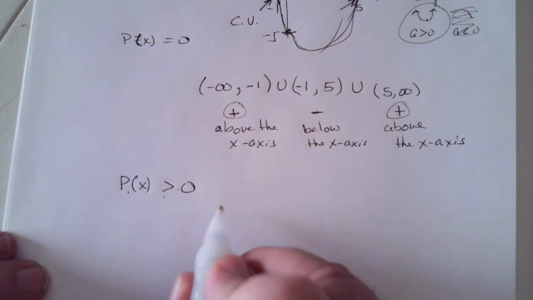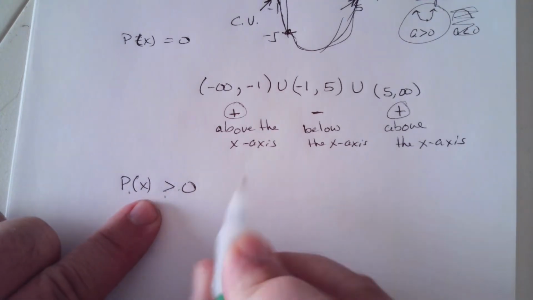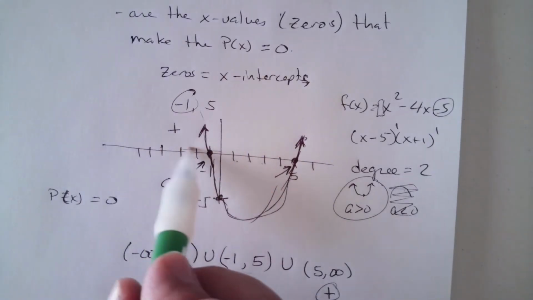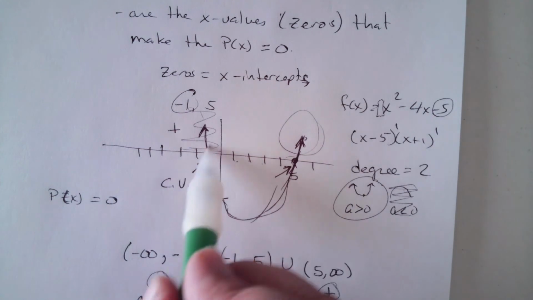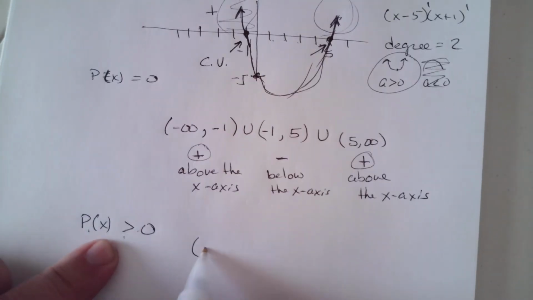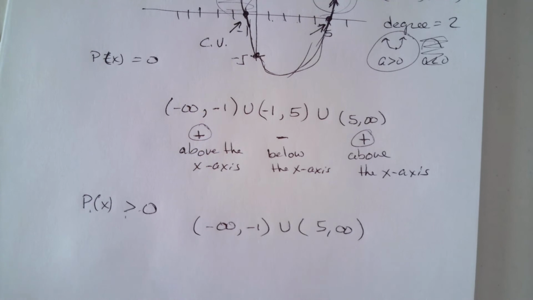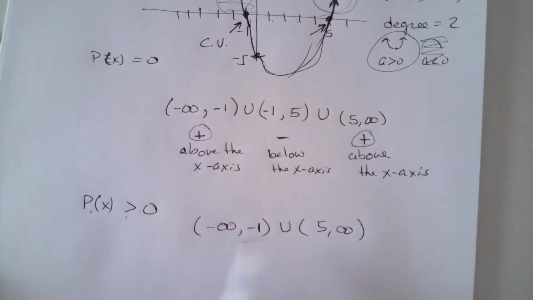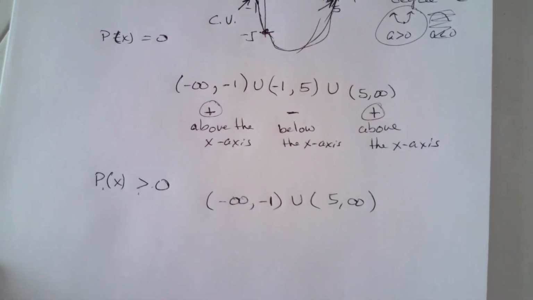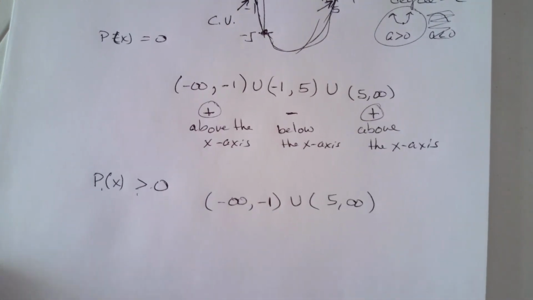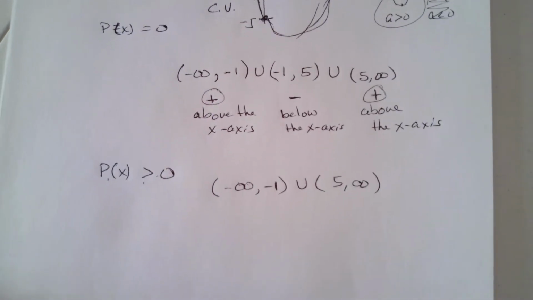So my solution, since I only want things above the x-axis, is from negative infinity to negative 1, unioned with 5 to infinity. Those are my answers, because any x's in those ranges will give me an answer above 0. That's what our objective is.